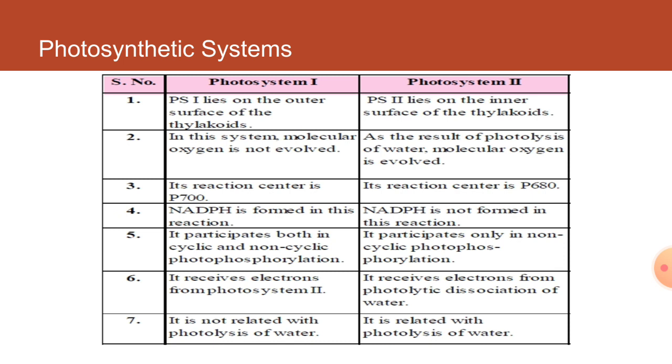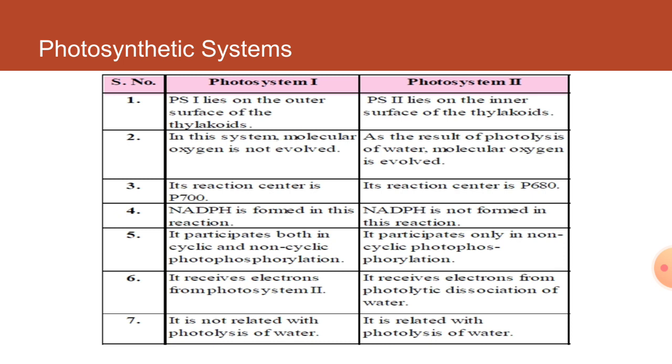It was proved by Robert Hill. When a water molecule is exposed to light, it is broken down into electrons, protons, and oxygen. This is called photolysis of water or the Hill reaction. Photosystem 1 is not related to the photolysis of water, whereas photosystem 2 is. That is why it can give oxygen.